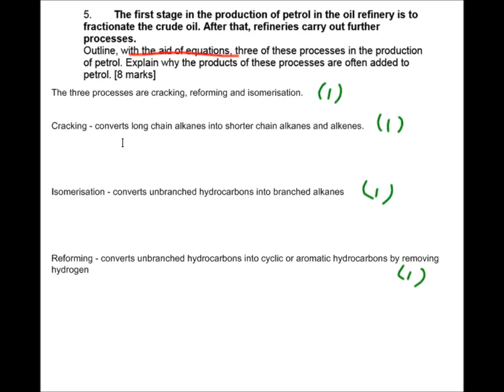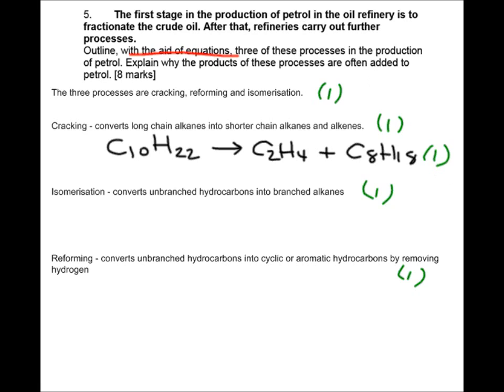So an example of this would be, for example, decane, C10H22, would be cracked to give ethene, C2H4, plus octane, which is C8H18. So given an example with an equation, again, that would get us another mark.